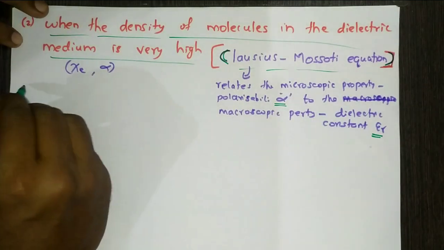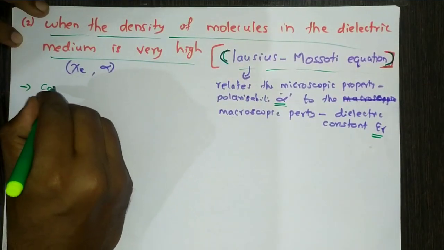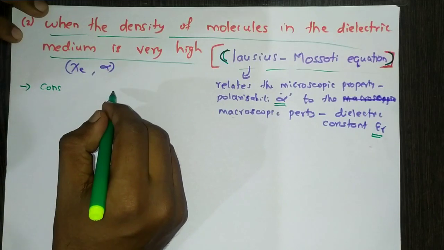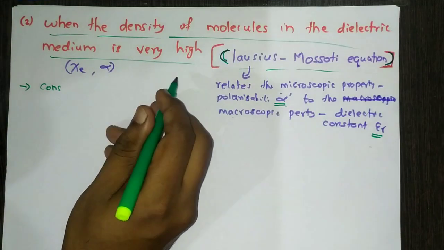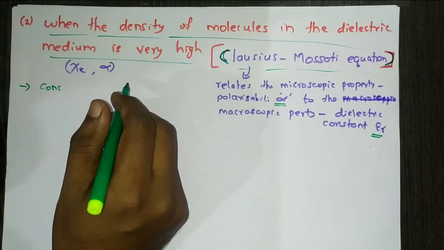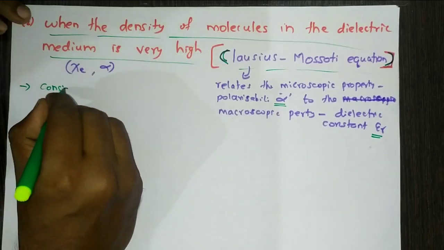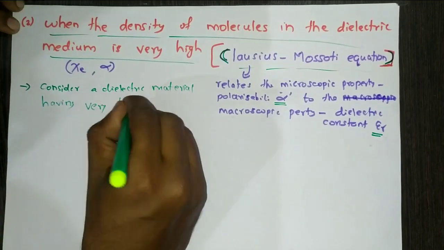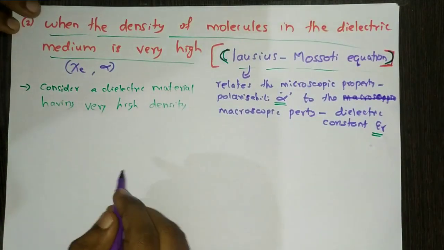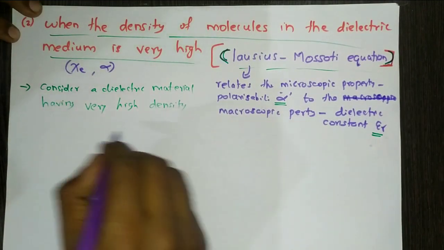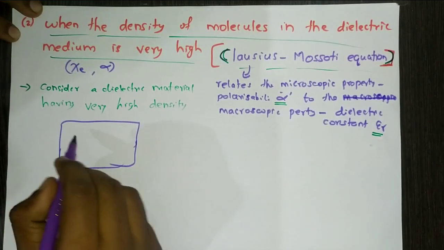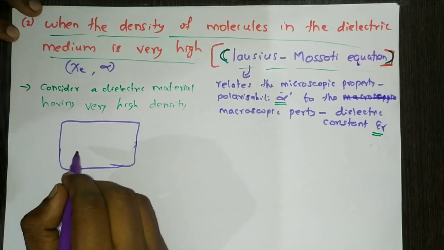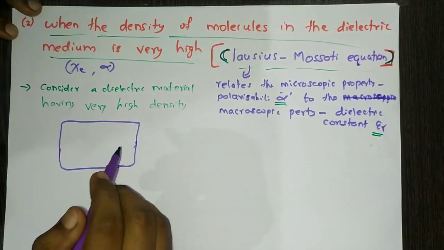For this, consider a dielectric material having a large number of molecules per unit volume, that is, having higher density. This is our dielectric material. This has a large number of molecules per unit volume.